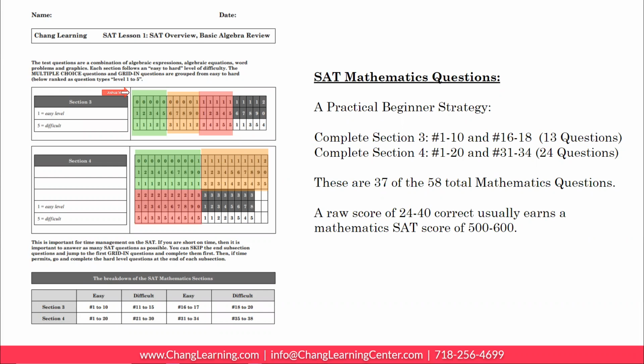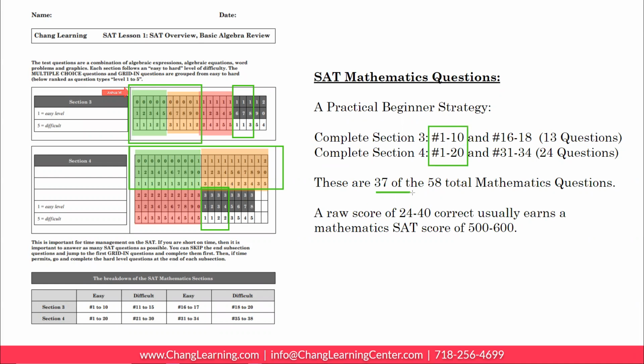So that means that for most students who have problems with time management, who run out of time on the test, it's a good idea to do questions 1 to 10 in section 3 and 1 to 20 in section 4. Those are 30 multiple choice questions. Then, if you have enough time, do the first half of the grid-in questions: the first 3 in section 3 and the first 4 in section 4.